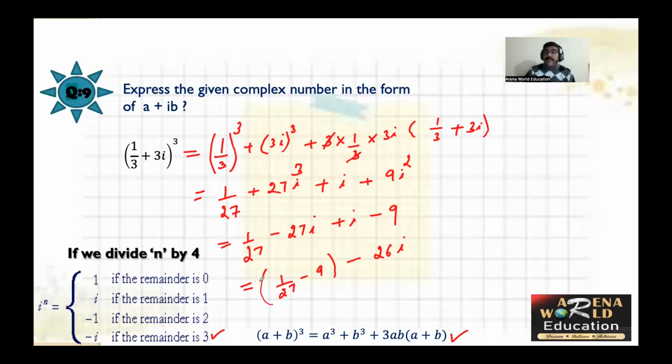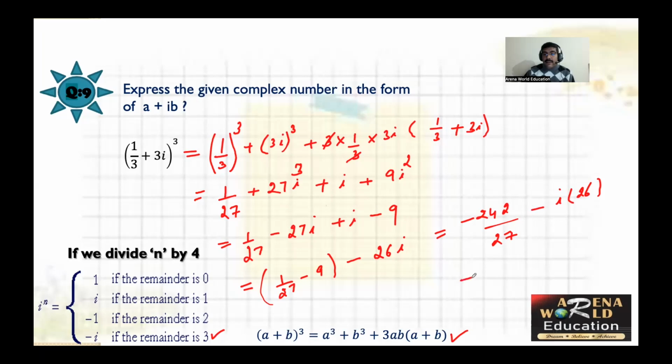If we solve this fraction 1 upon 27 minus 9, you will get minus 242 divided by 27, minus iota into 26, which is the required standard form.